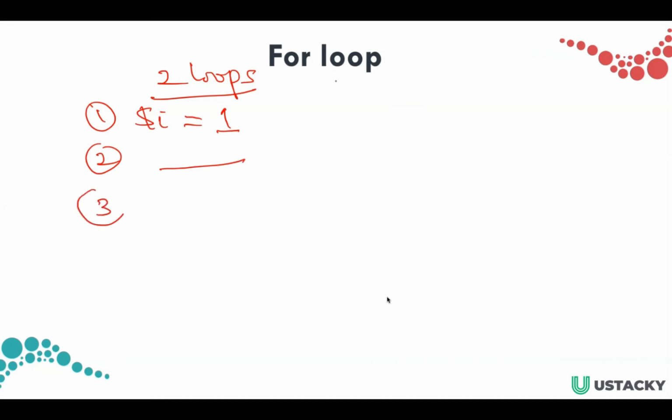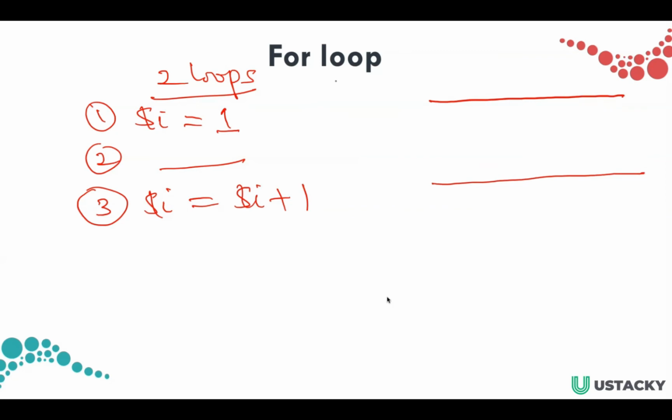And our increment, let us assume an increment of 1 also. So $I equals $I plus 1. So to determine the second component, this is our $I, this is the starting point, and this is the ending point.